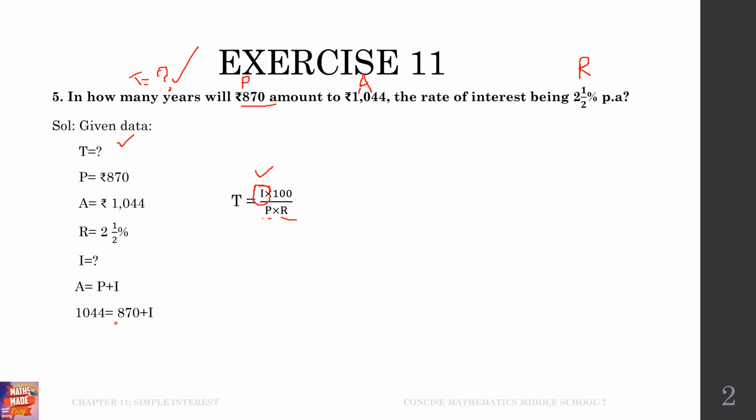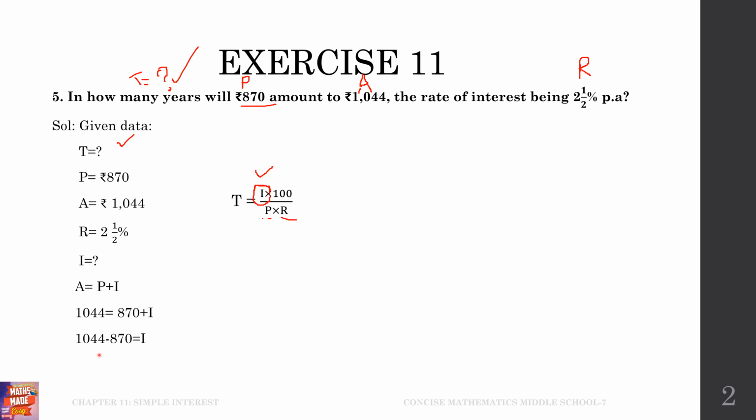Just substitute the values. What is amount? 1044 is equal to, what is principal? 870 plus I. I is nothing but interest. Since we need to find out I, keep I as it is. Get this 870 to the other side, it becomes minus. So plus becomes minus.